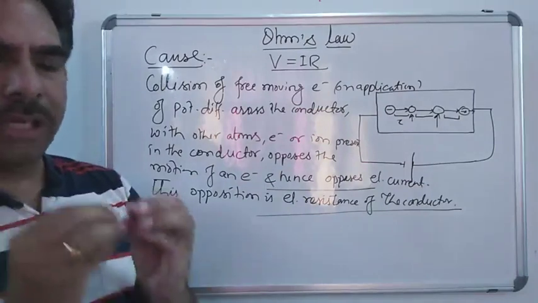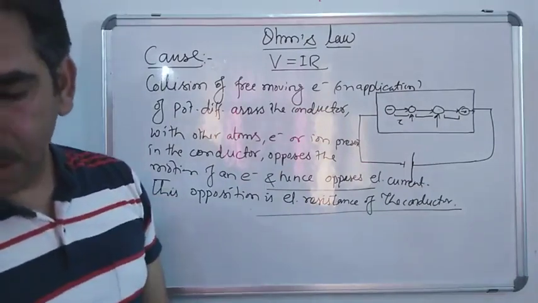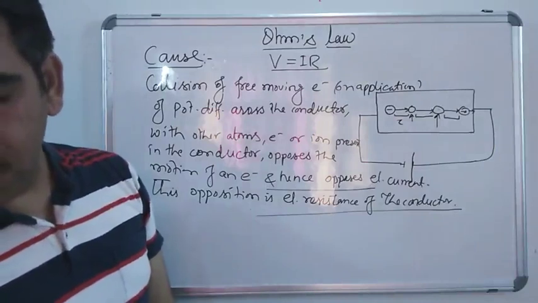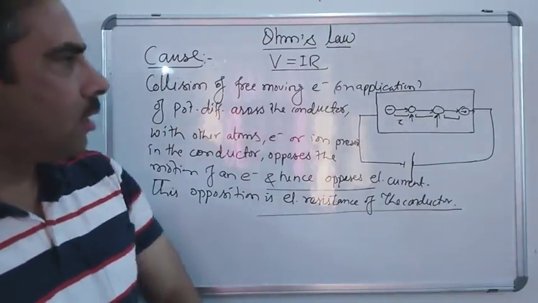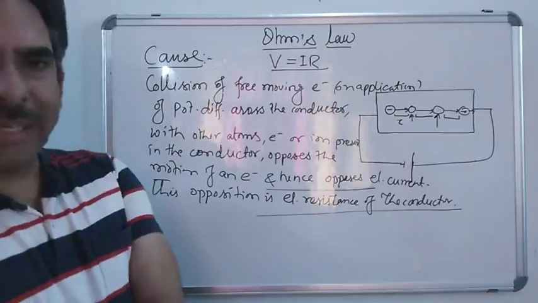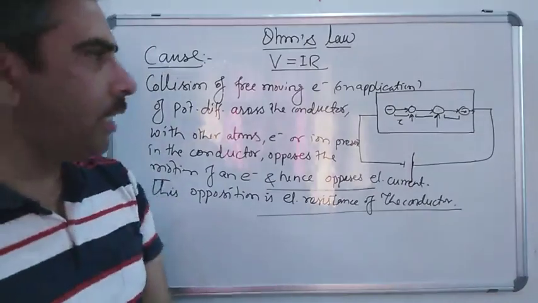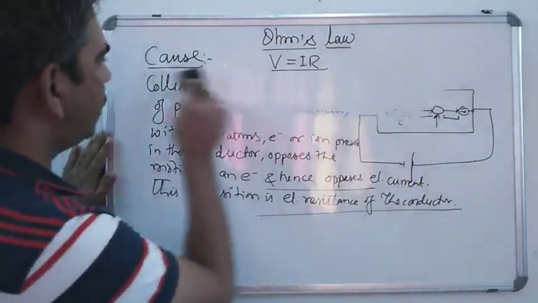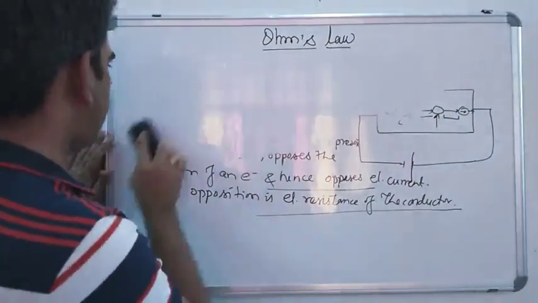So it depends upon the internal properties of the conductor, and also of course on some other factors. So let us discuss the factors which affect the resistance of any conductor, be it internal or external.